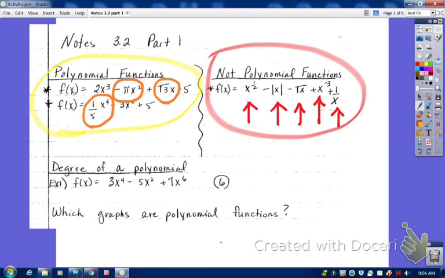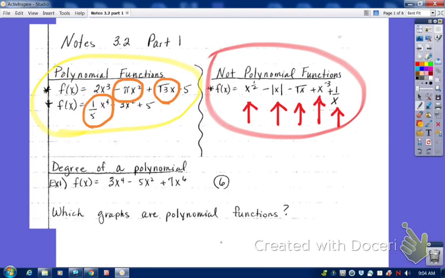When we start talking about degrees, the very next thing is the degree of a polynomial. That does not have anything to do with those things that we've circled in red. When we're talking about the degree of a polynomial, we're talking about things that have to be polynomials.